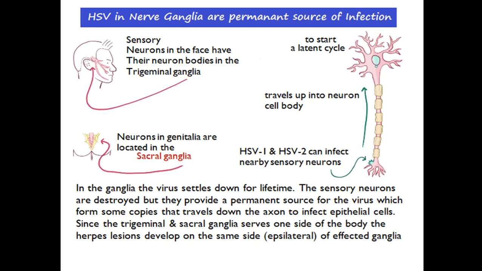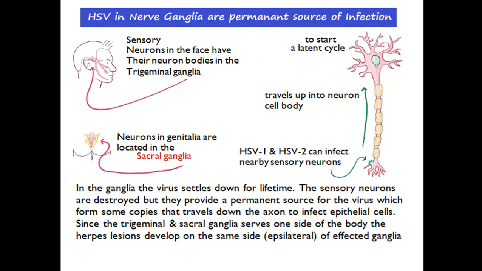The sensory neurons are destroyed by the viral infection, but on the other hand they provide a permanent source for the virus. Living in this cell of the ganglion of the nervous system, the virus is satisfied, and whenever it wants, it makes copies of itself, and these copies are transmitted and infect the epithelial cells of the tissues.